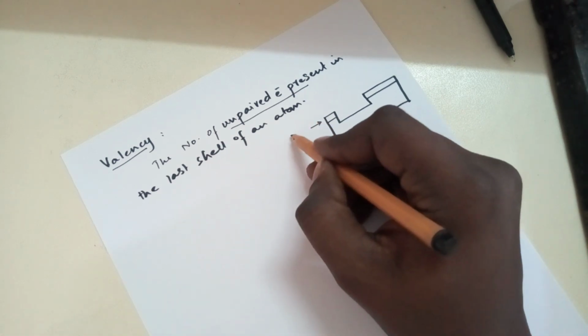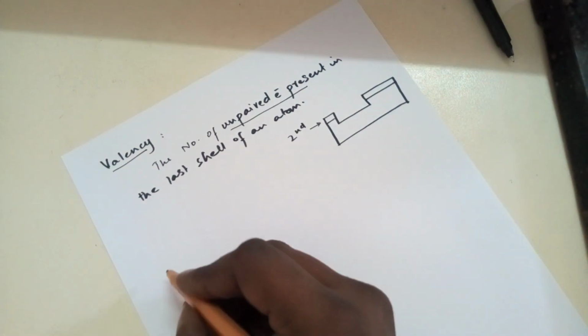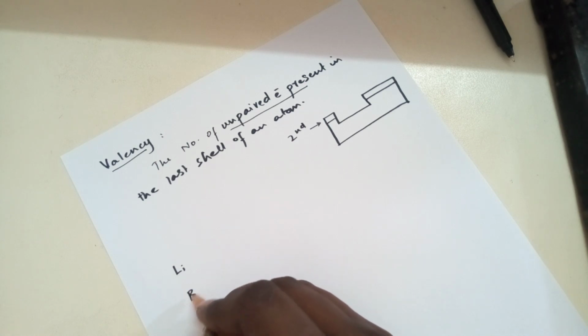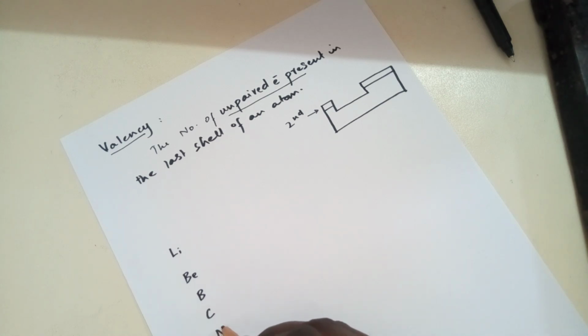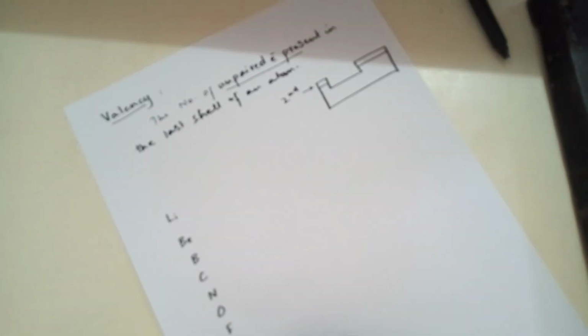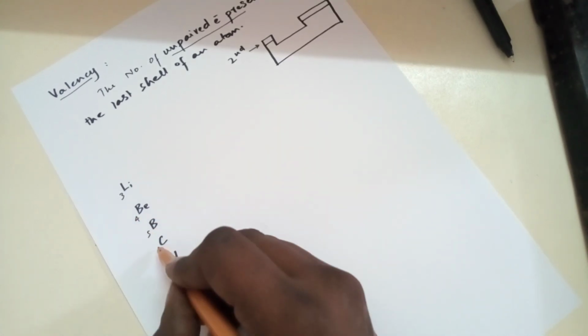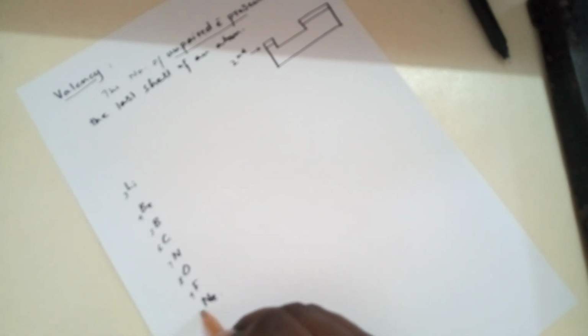So at first we have lithium, then beryllium, then boron, carbon, nitrogen, oxygen, fluorine, and then neon, right? Lithium has 3 electrons, beryllium has 4 electrons, boron has 5, carbon has 6, nitrogen 7, oxygen 8, fluorine 9, and neon has 10 electrons.